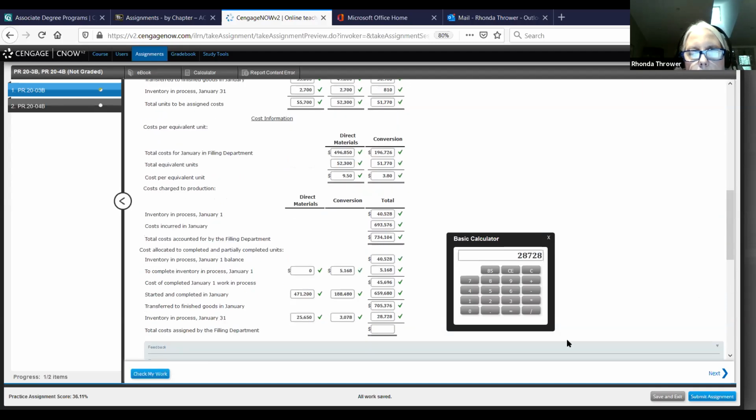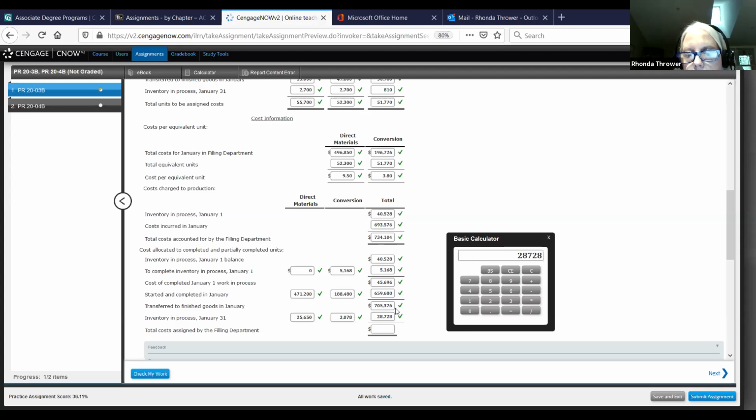All right. The ending amount of inventory is what you would have left over in your work in process account for your filling department. That would be in your ledger account. So you'd have a way to check this figure here. And then the final step is to add your ending inventory cost to what you transferred.